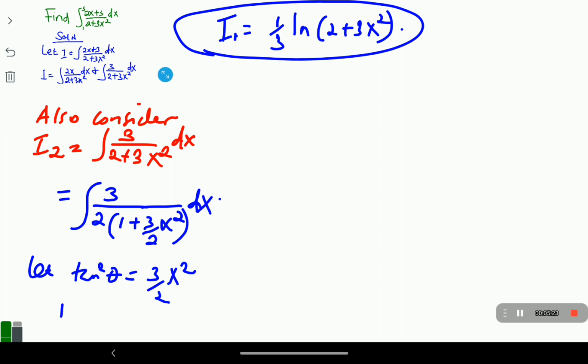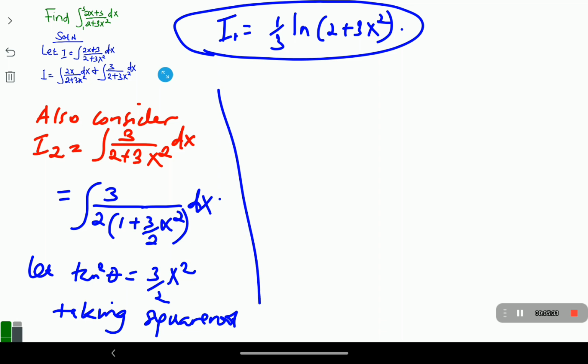If we take the square root of both sides, we reduce the powers, so tan theta is equivalent to the square root of 3 over 2 times x.